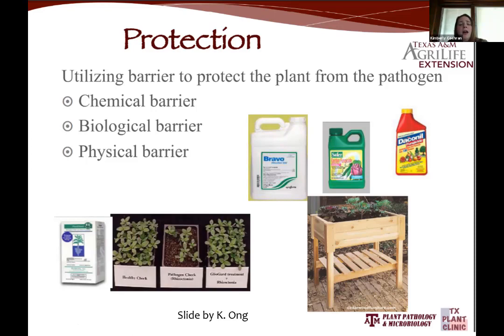But it's also a judgment call on value and investment. If you have some prized cuttings that are very rare, I would suggest going ahead and doing the protection ahead of time, versus if it's just run-of-the-mill cucumbers that you bought from Lowe's, then I wouldn't worry about it as much. Okay, that makes sense.